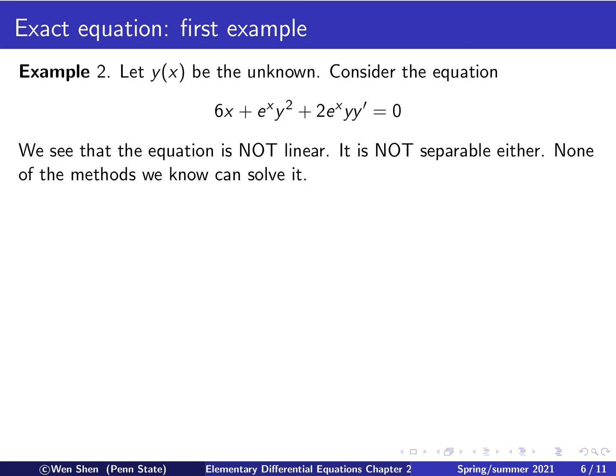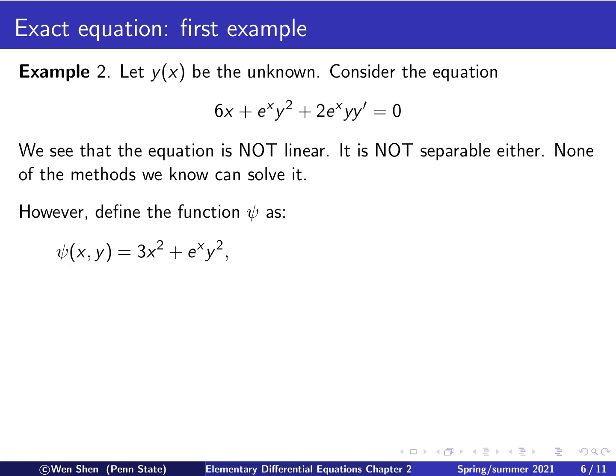We first see that it's a first order equation, but it's not linear. These are not linear terms. We tried to separate it, and we see that it's not easily separable. So none of the methods we know can really be easily adapted to solve it.